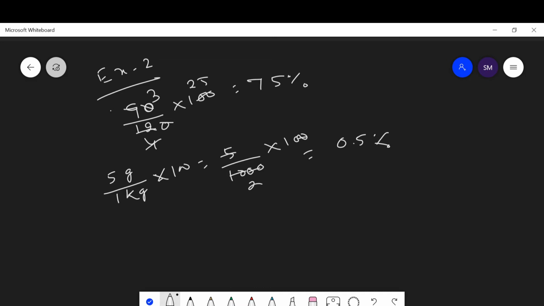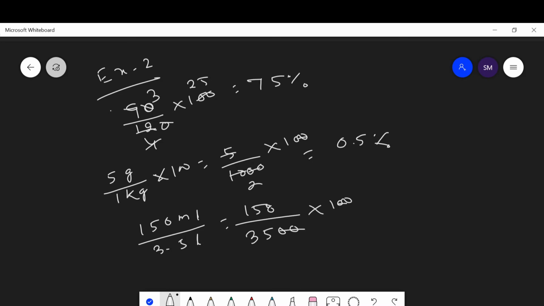Then what is the percentage of 3.5 liter is 150 ml? You have taken 150 ml out of 3.5 liter. Convert this 3.5 liter into milliliter. This is 3500. Then convert it into percentage. Simply multiply with 100.